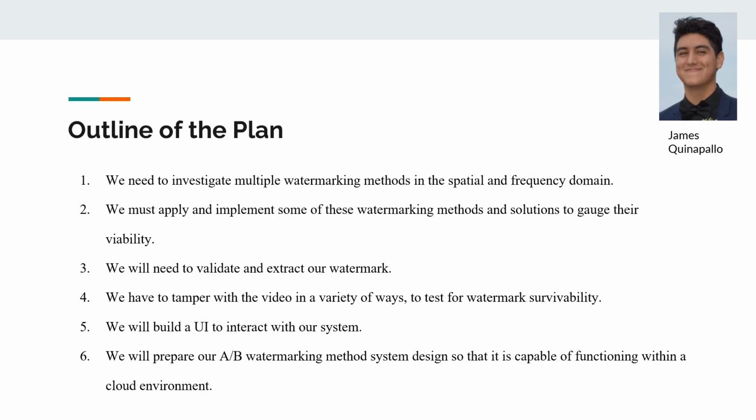Third, we will need to validate and extract our watermark. Fourth, we have to tamper with the video in a variety of ways to test for watermark survivability. Fifth, we will build a UI to interact with our system. Sixth, we will prepare our AB watermarking method system design so that it is capable of functioning within the cloud environment.